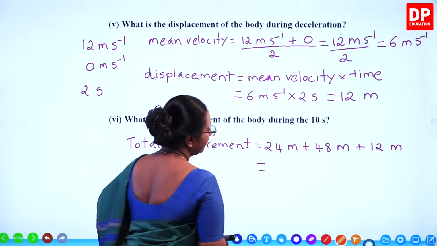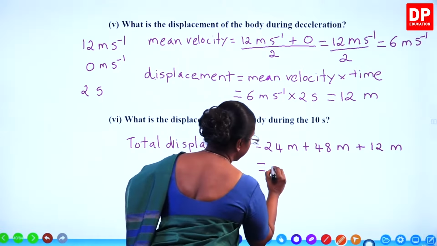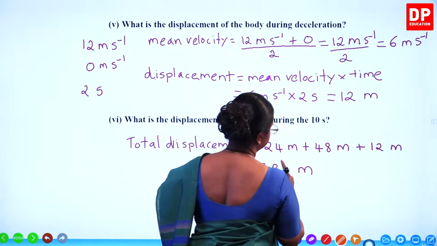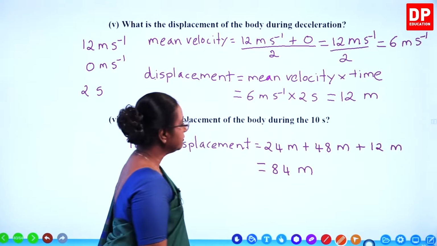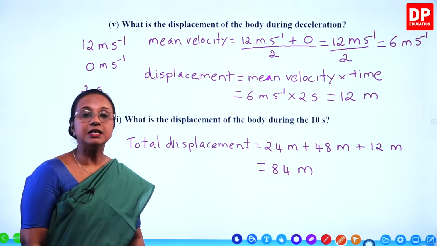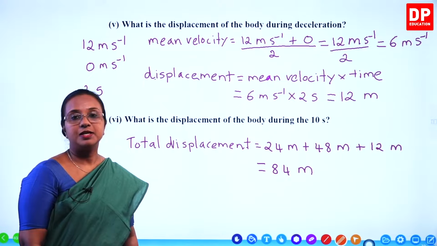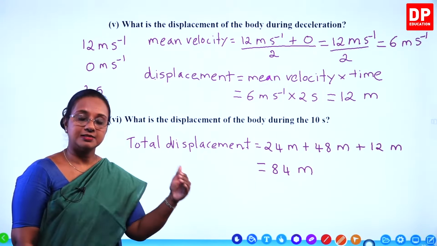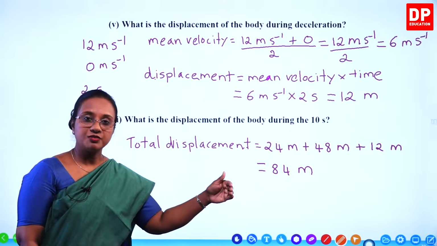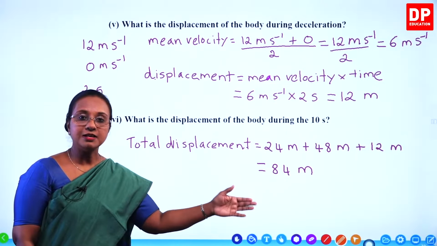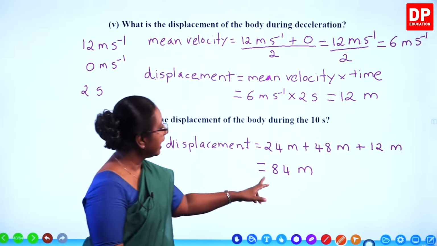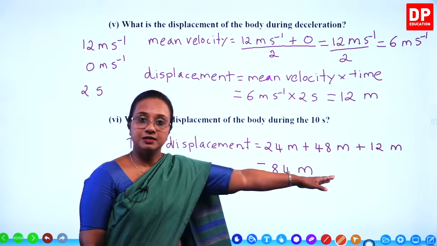So the total value will be 84 meters. 84 meters is the total displacement of the object. It started from rest, accelerated, then constant velocity, and finally decelerated and came to rest at the 84 meter destination.